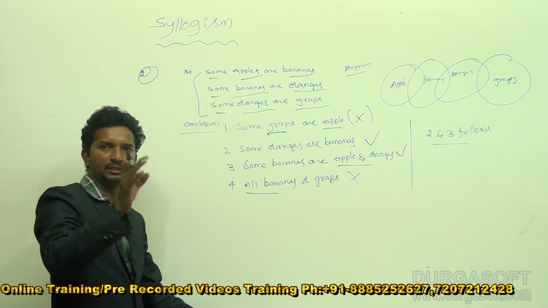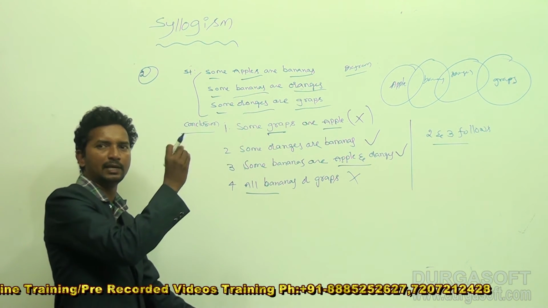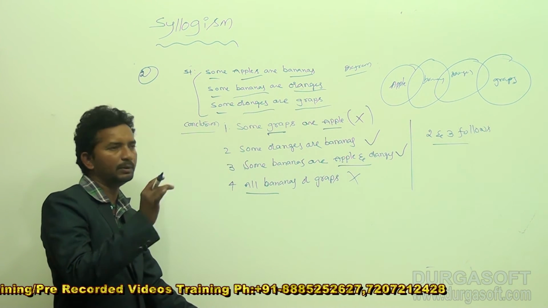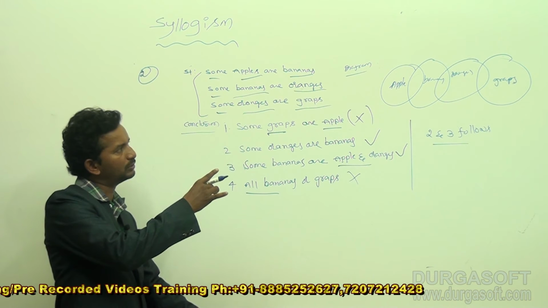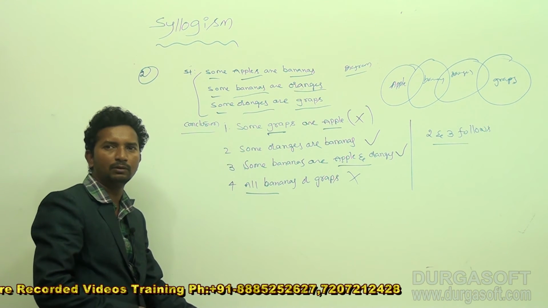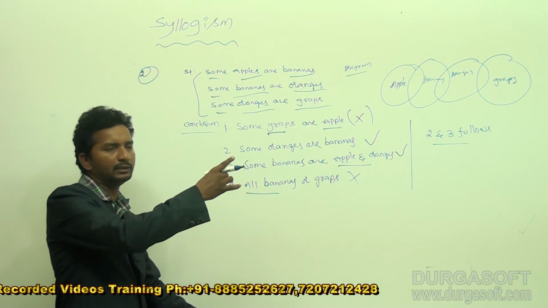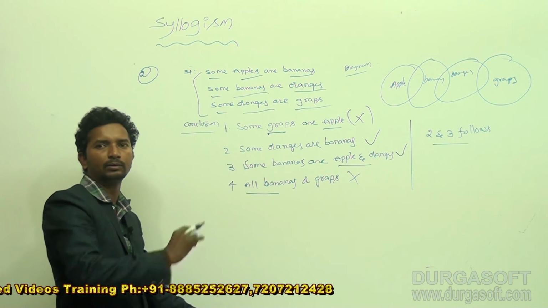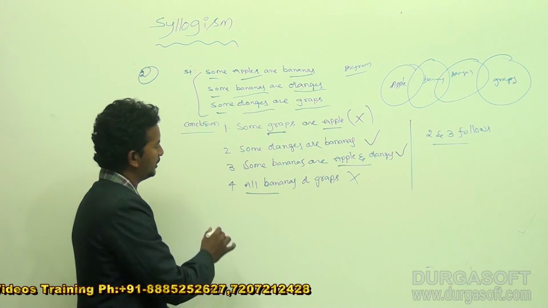Now when the some is given, you always take it like these problems. Okay, now remember, here I am talking about the some diagrams. When it is an individual diagram, you can see that some and all never follow here. Remember that note. What is the note here?